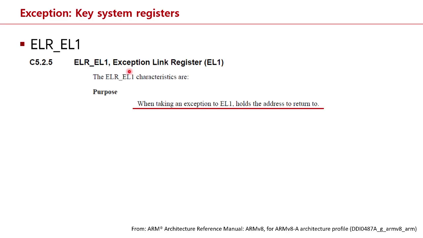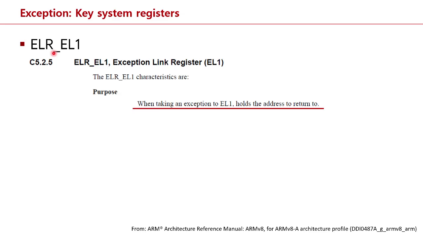Now let's review the ARM reference manual that describes ELR_EL1 register. So ELR_EL1 register means exception link register. In the real project, some system software engineers call this register the exception link register. The main purpose of this register is to hold the return address when the exception happens. Remember that when the exception is taken to exception level 1, this register, ELR_EL1 register, is updated.